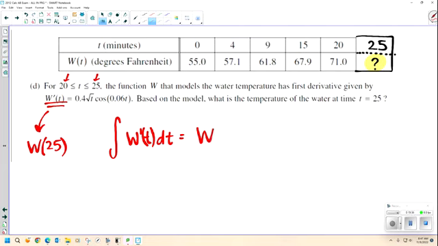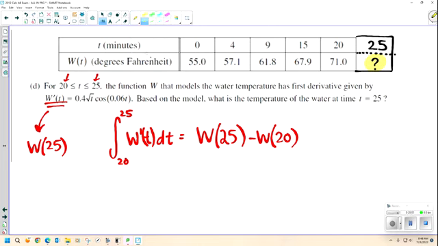I know I have bounds, 20 to 25, and when I have bounds, it's the upper bound in the original minus the lower bound in the original. Even better, I have values I can put in here.